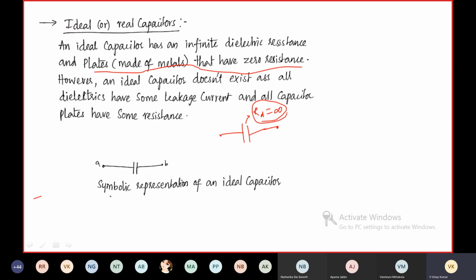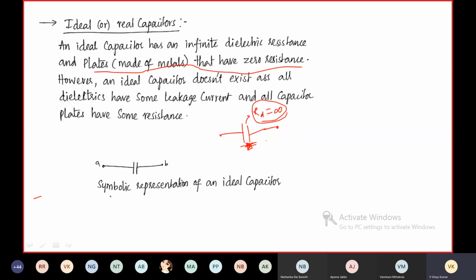In practice, it is very high but not infinity, right? So there will be some leakage current flowing through the interior of the capacitor, very small. The current flowing through this dielectric medium is called leakage current.